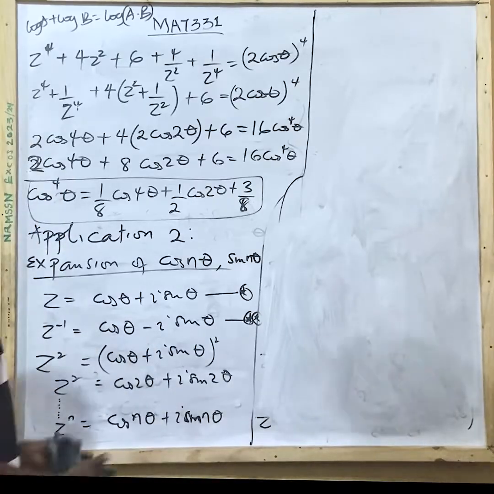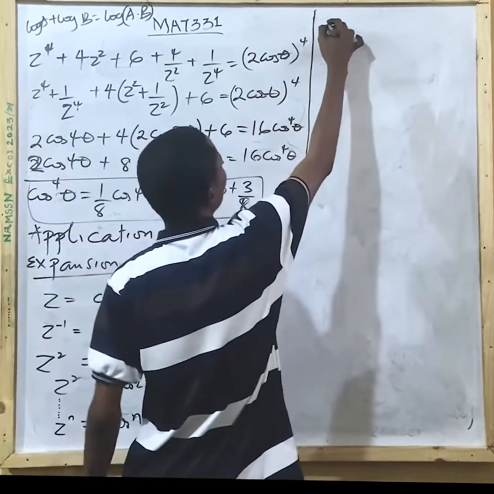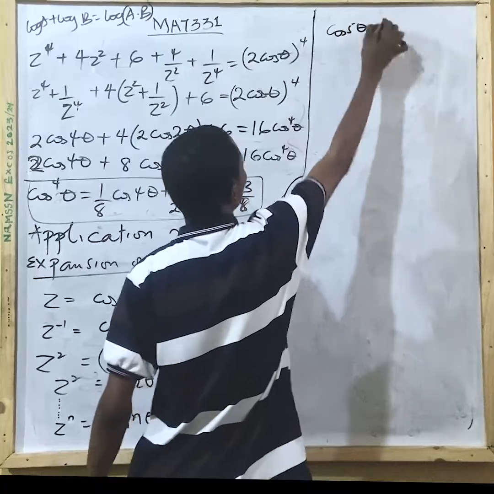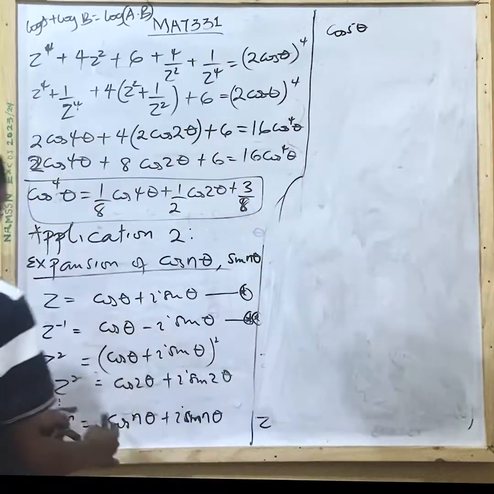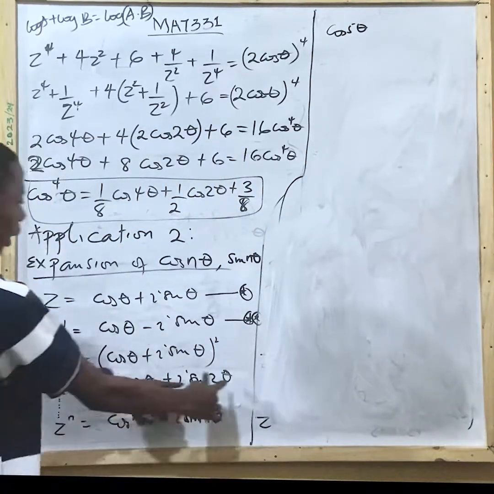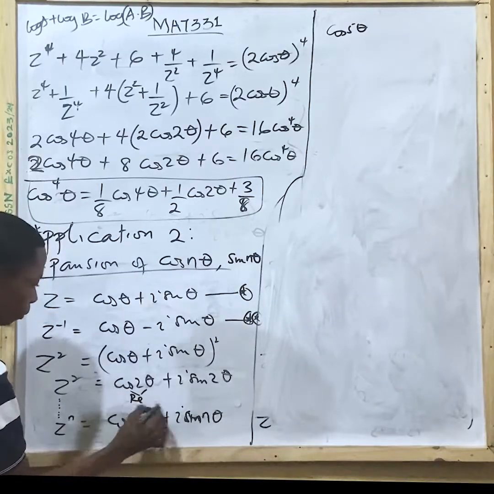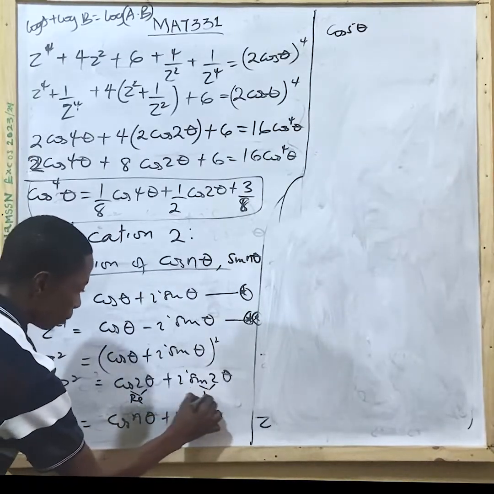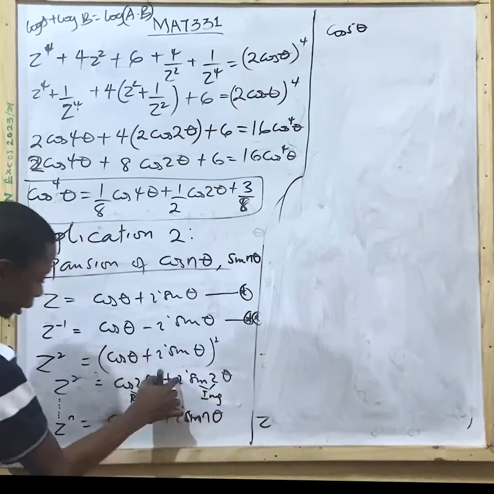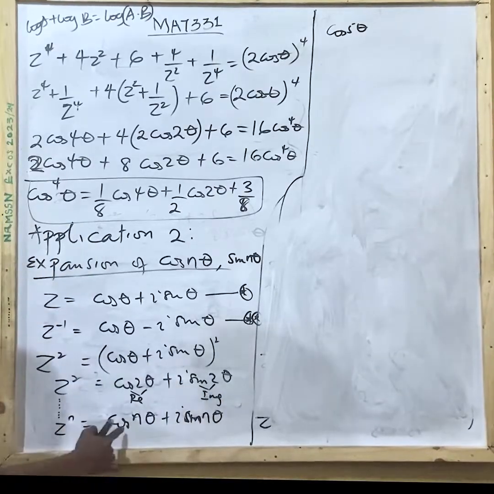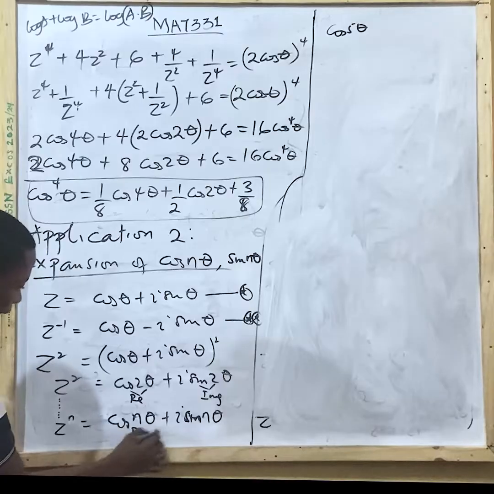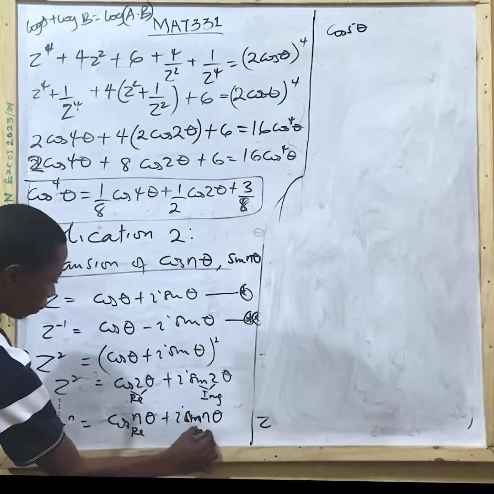So if I want to expand, let's say I want to expand cos 5 theta. You know, from here, z squared is cos 2 theta plus i sin 2 theta. Going back to our elementary, this is the real part, and this i sin 2 theta is the imaginary part. Why? Because of this i. For z^n, cos n theta is the real part, and i sin n theta is the imaginary part.